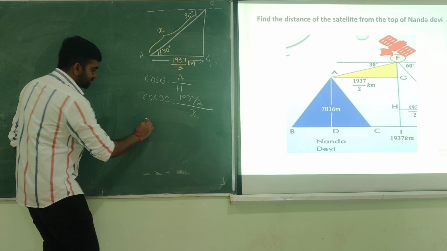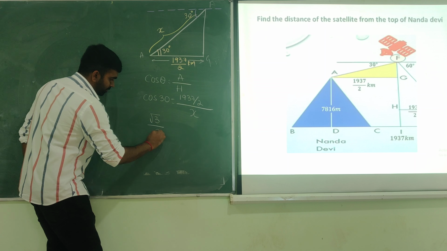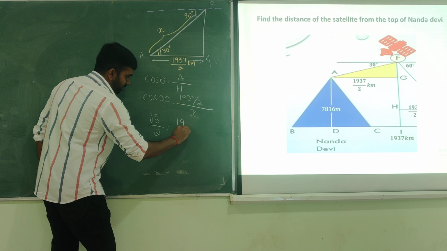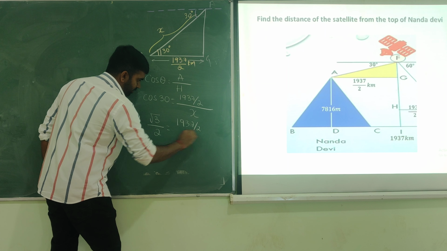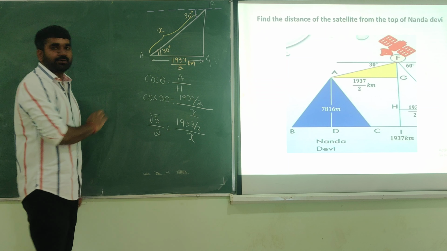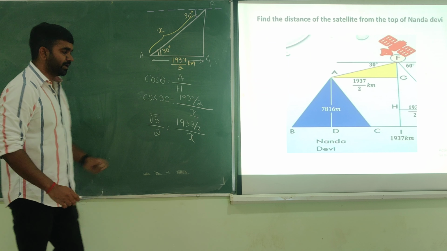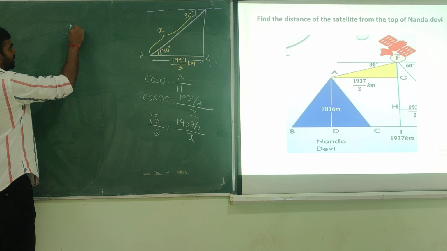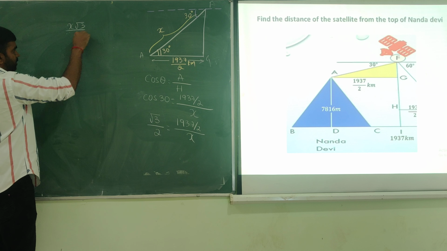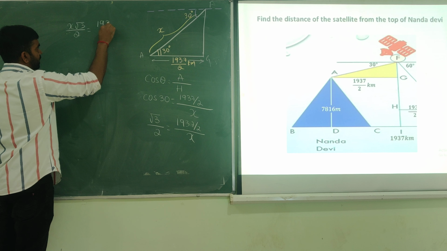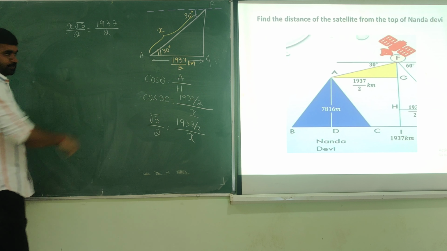We know the value of cos 30 is root 3 divided by 2, which is equal to 1937 divided by 2 divided by x. Now do the cross multiplication and send the variable to the LHS: x root 3 divided by 2 is equal to 1937 divided by 2.